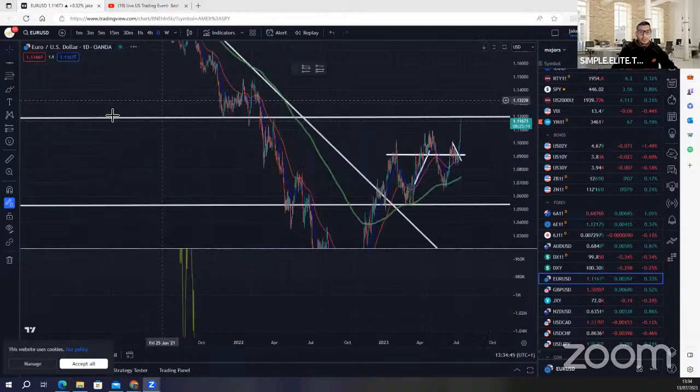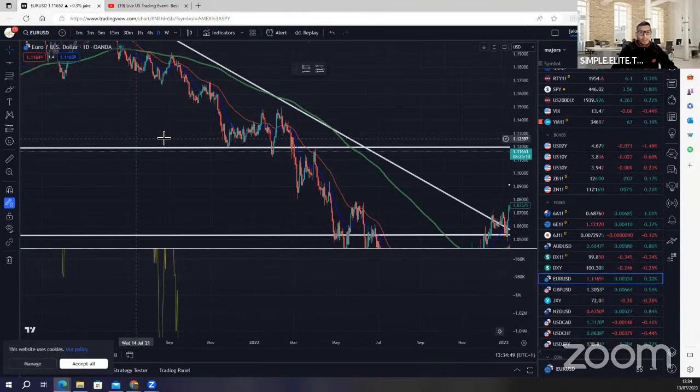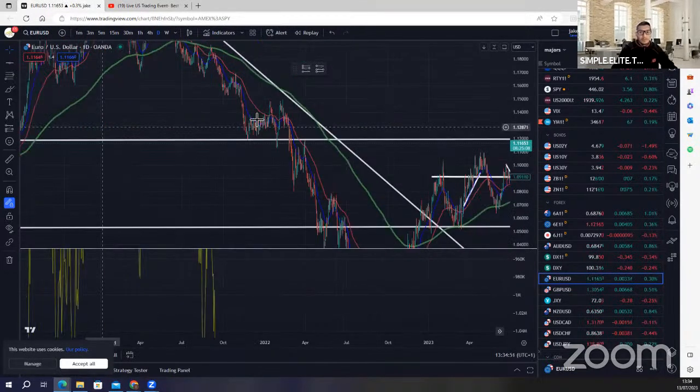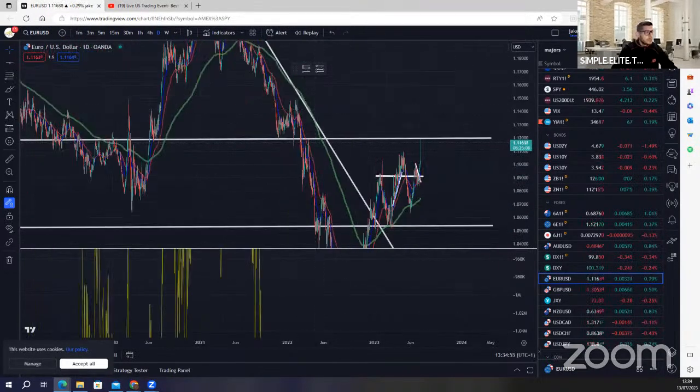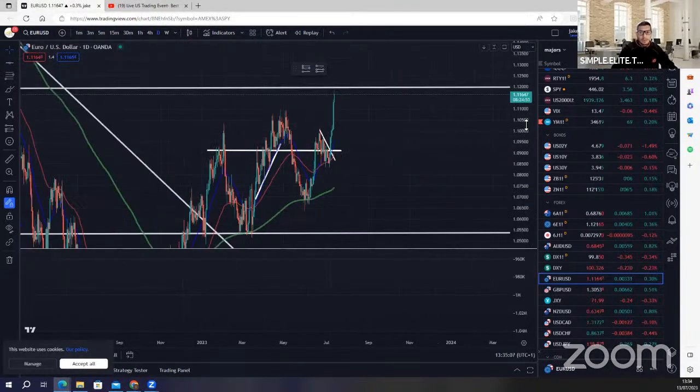You can see previously, historically, a little bit of interaction. So let's see if there is going to be some retracement. I would like to see price coming back in.